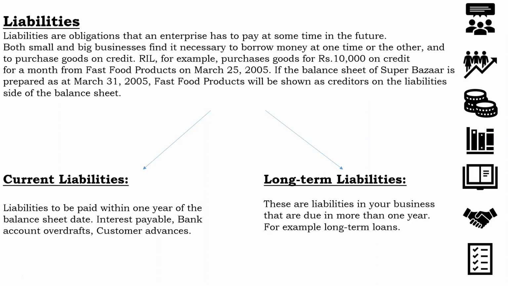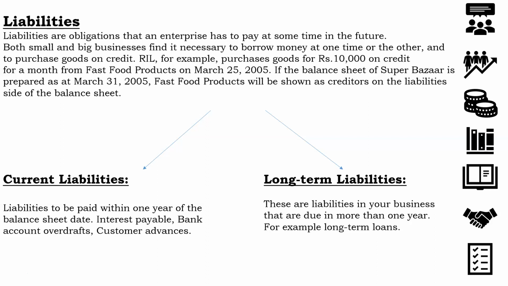So if we make a balance sheet out of that, on say March 25, 2005, we took on credit goods worth 10,000, and then on 31st March 2005 we have to prepare a balance sheet of it. Then in the balance sheet that we prepare, we saw that the debit side is of liabilities.